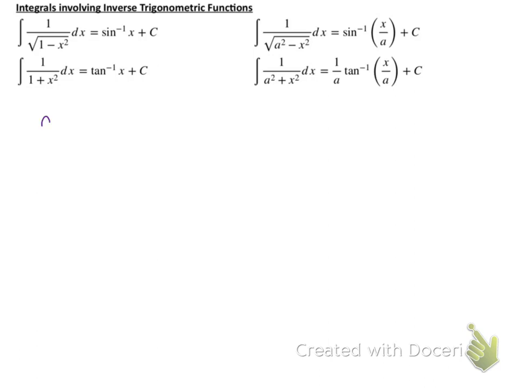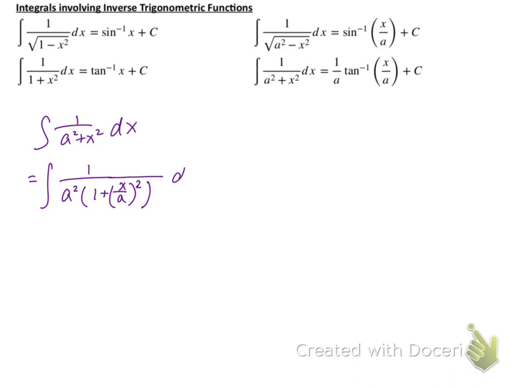When I have the integral of 1 over a squared plus x squared dx, I want this to be 1. So what I would do is factor out a squared. Then I'm having 1 plus x over a squared, dx.